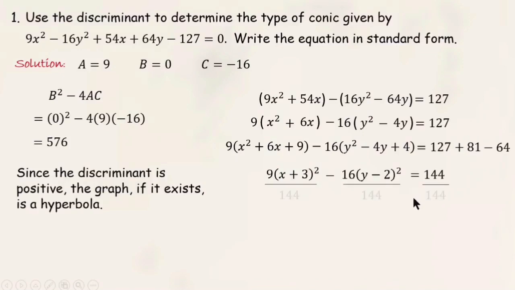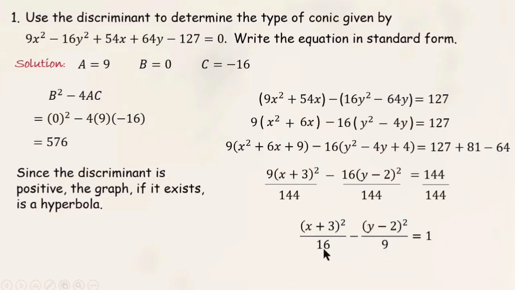Divide the equation by 144 to make the right-hand side of the equation equal to 1. We have x plus 3 quantity squared over 16 minus y minus 2 quantity squared over 9 equals 1. 9 over 144 is 1 over 16, while 16 over 144 is 1 over 9.